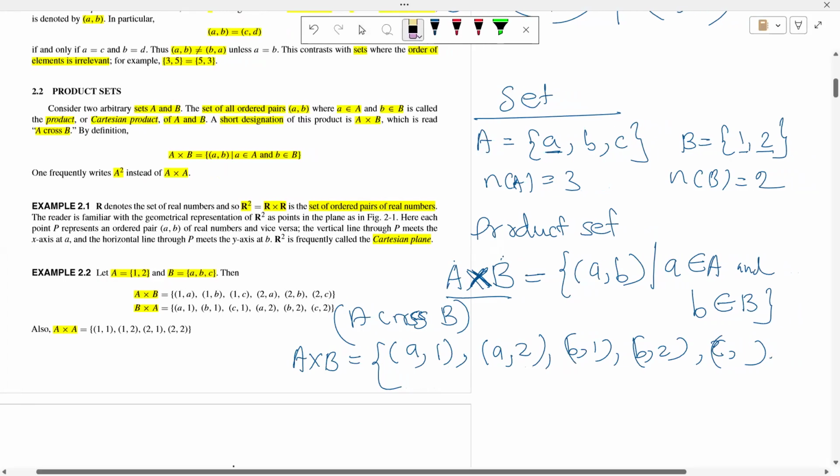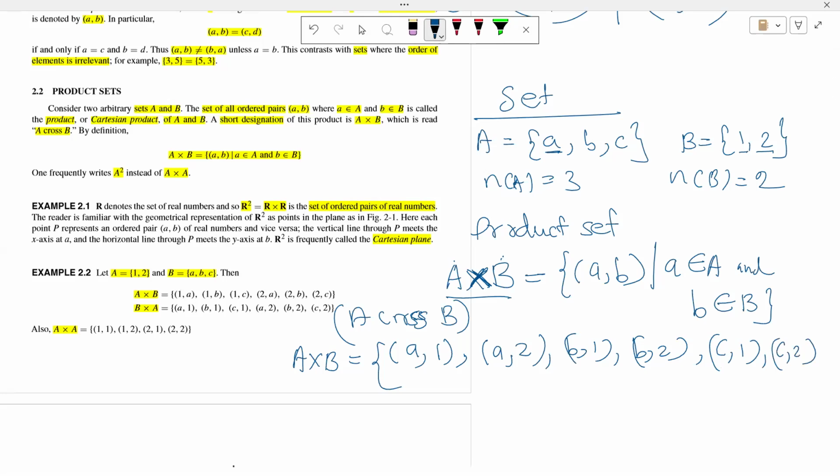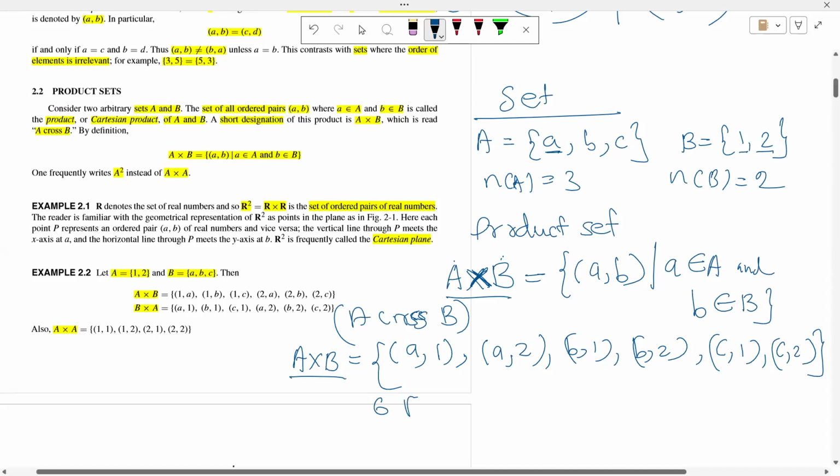Then, sorry, (c, 3) is not coming. (c, 1) is another pair, then (c, 2) is another pair. So altogether, how many pairs did you create for A cross B? 1, 2, 3, 4, 5, 6 pairs. So 6 pairs you can create by using the elements of A and B.